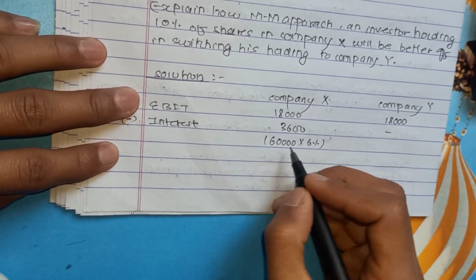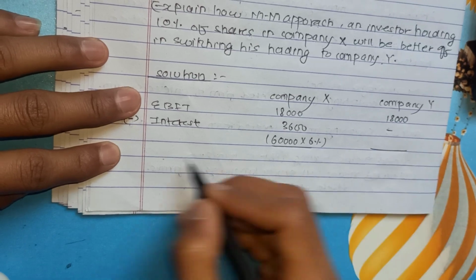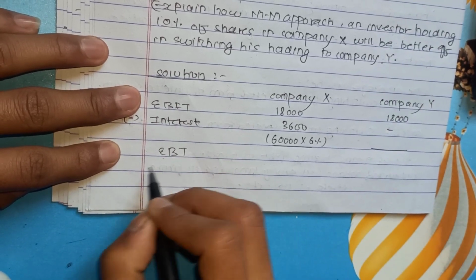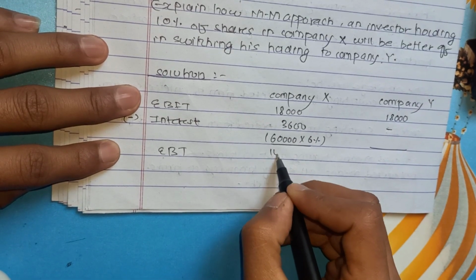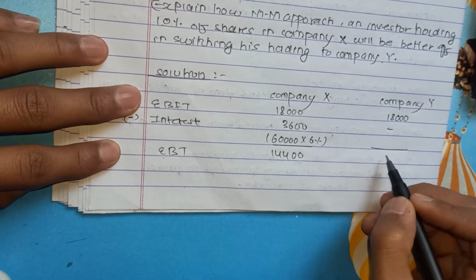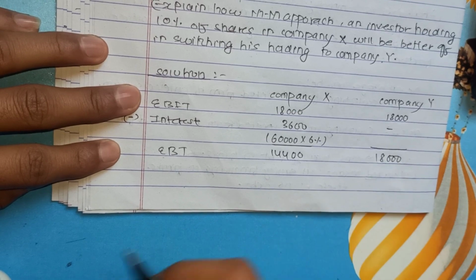Company Y has no interest. That gives EBT: 18,000 minus 3,600 is 14,400 for company X, and 18,000 for company Y.